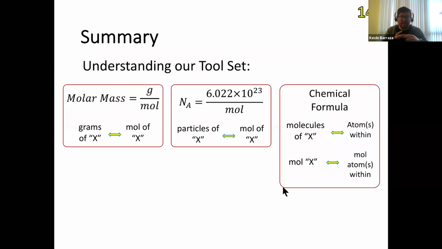There is one O in every water. We can do that with both molecules and atoms, or moles of the substance to moles of the atoms within it. And that was covered more so in the pre-lecture. But of course, if you'd like to talk about it, we can always do that. Feel free to reach out.